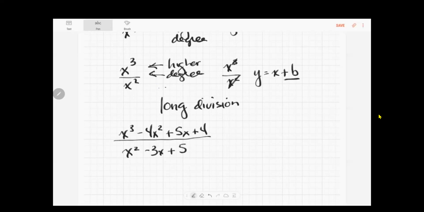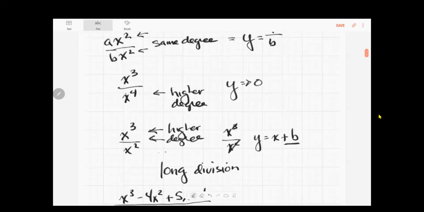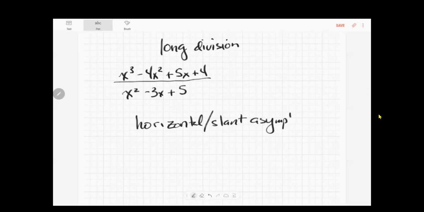To do long division, remember, we also talked about that these horizontal and slant asymptotes are not the same as vertical asymptotes. They're a little bit different because they predict, or show, end behavior of the function.